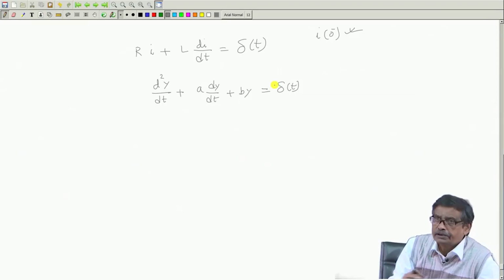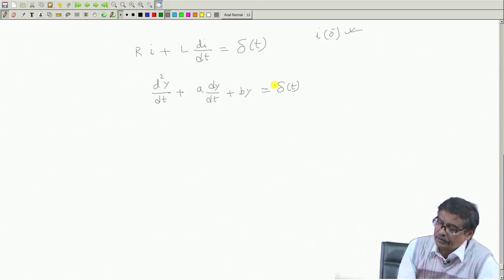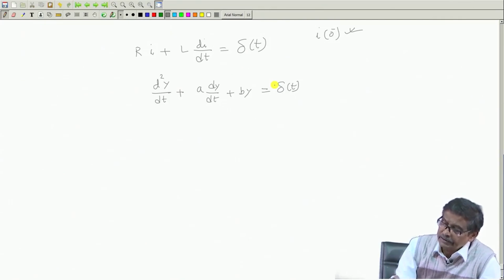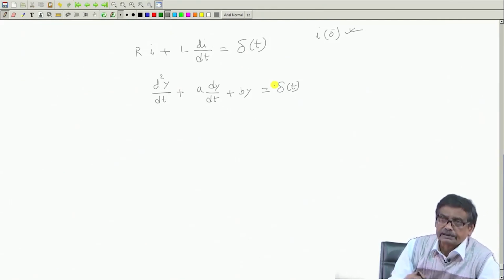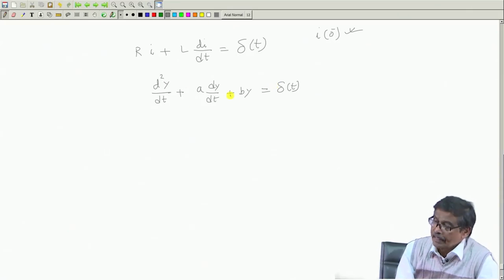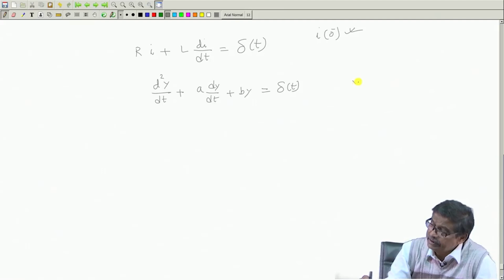Now, it is a second order differential equation, and the natural response I know how to solve. Now, if this is the forcing function, the solution due to the forcing function, how will it look? You see this circuit, it is a second order system. How many boundary conditions do I need? I need two: y(0 minus) and dy/dt at 0 minus.